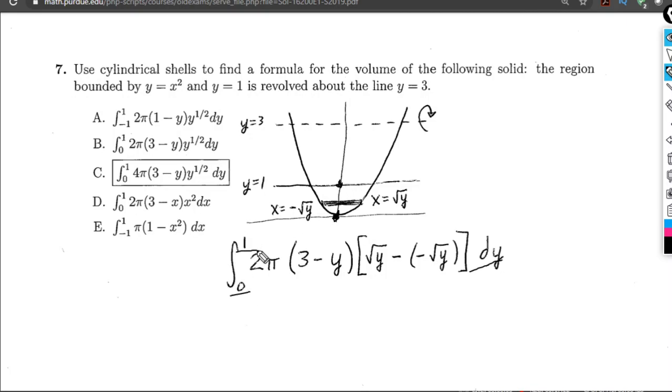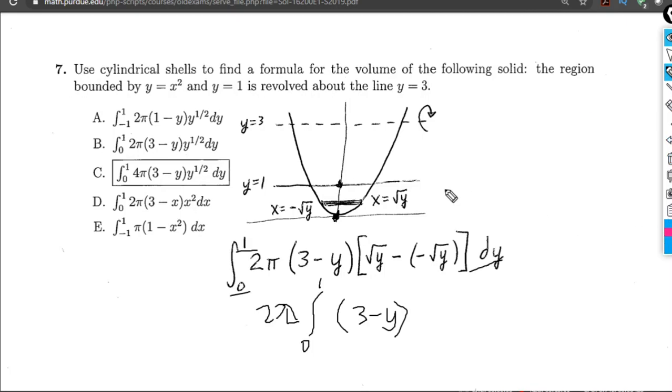So the bounds are 0 to 1, and then it will be 2 pi per the cylindrical shell method, and the radius would be 3 minus y, since it's the distance away from the axis, as the axis is 3, and the y here is where the function's at, minus the axis.